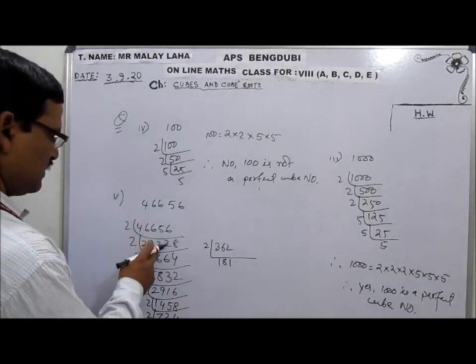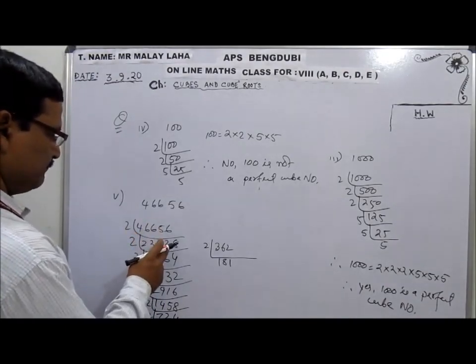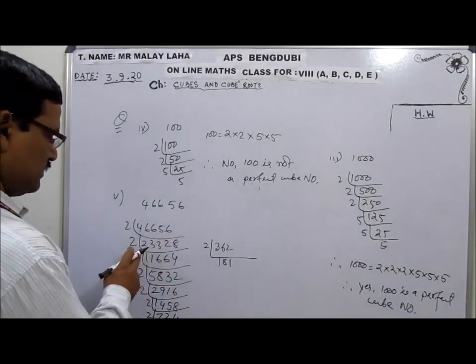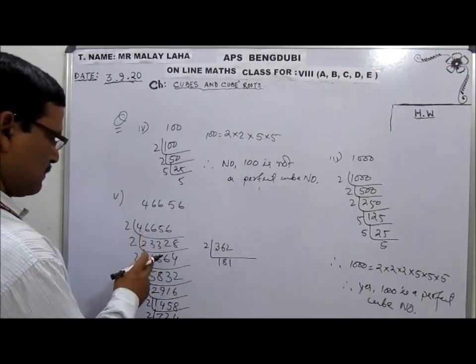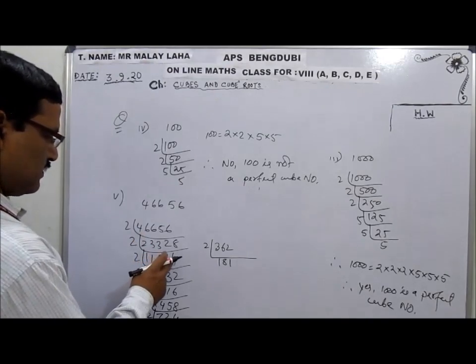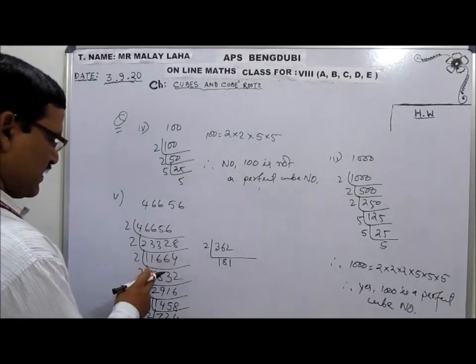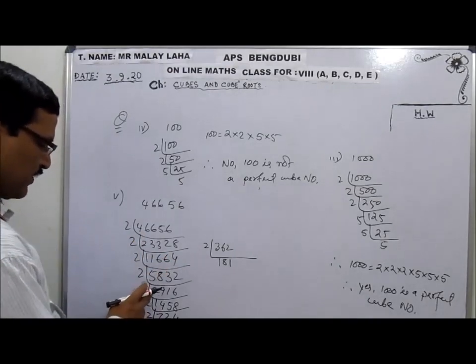So 2, 3, 3, 2, then 8, 1, 1, 6, 6, 4, 5, 8, 3, 2.